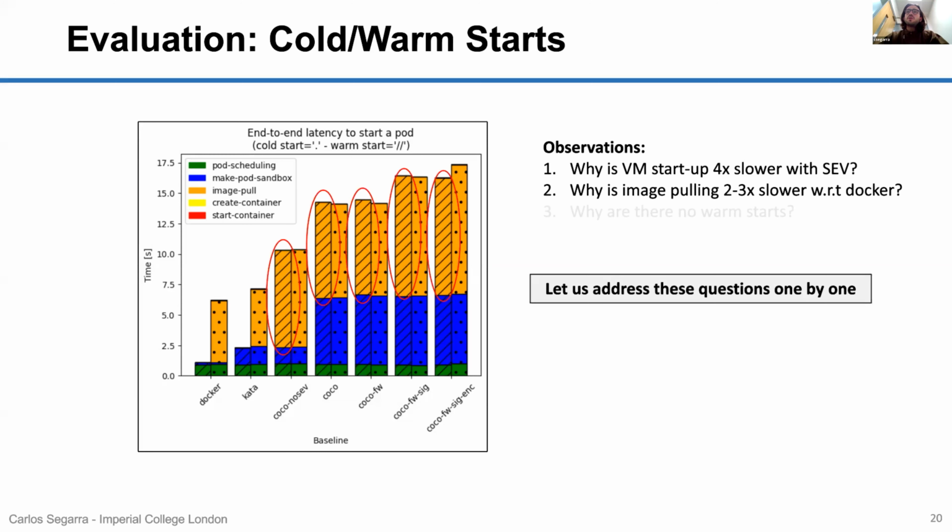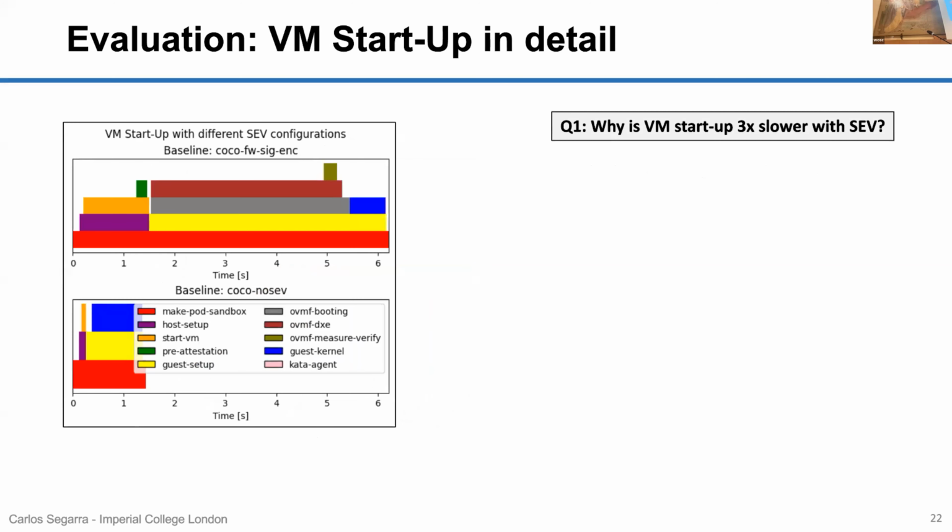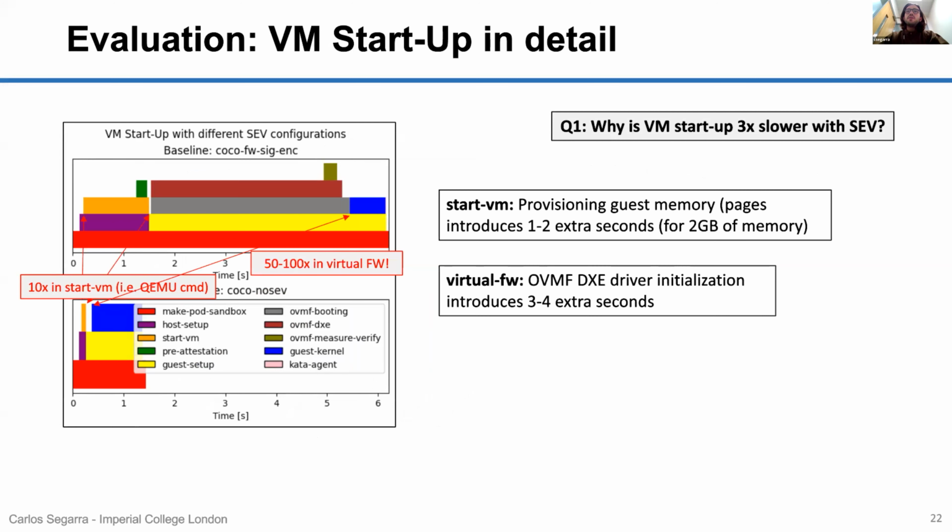We will only talk about these two points today. Starting the VM is 3 times slower due to the enhanced runtime memory encryption that the hypervisor, in this case QEMU, needs to perform. In addition, we found a bug in the virtual firmware driver initialization that was introducing an additional 3 to 4 extra seconds.